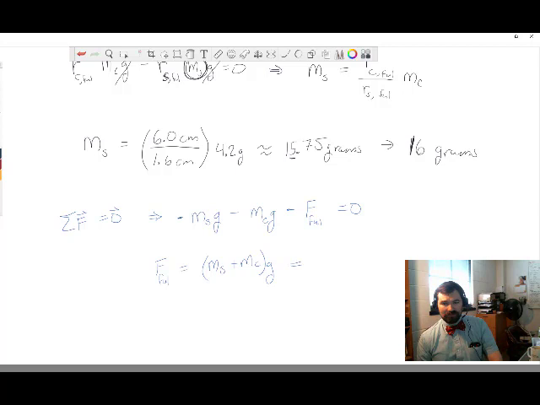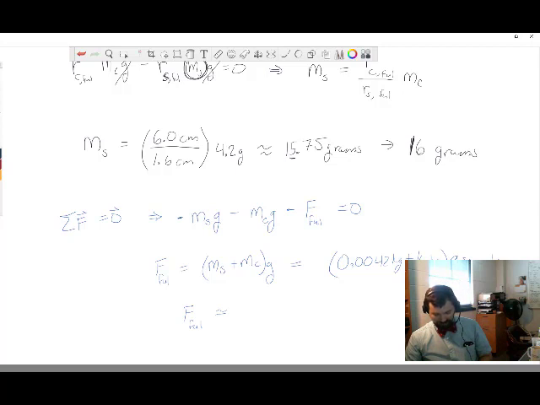So what you end up with is 0.0042 kilograms plus 0.016 kilograms times 9.8 meters per second squared. So your force from your fulcrum, we've got to plug these into our calculator.